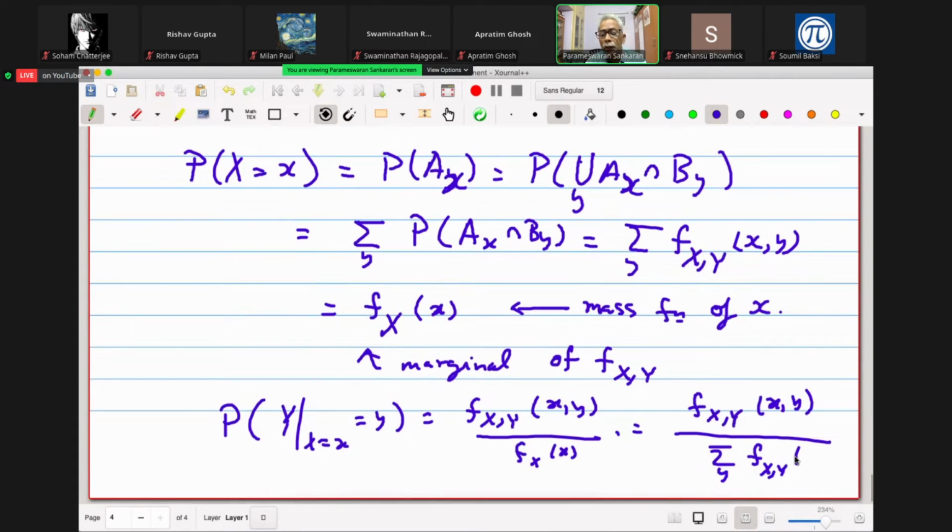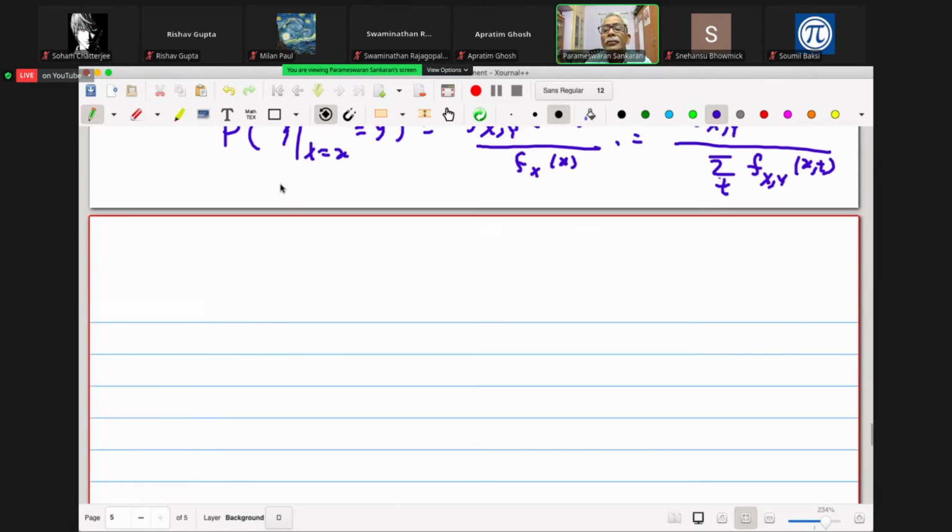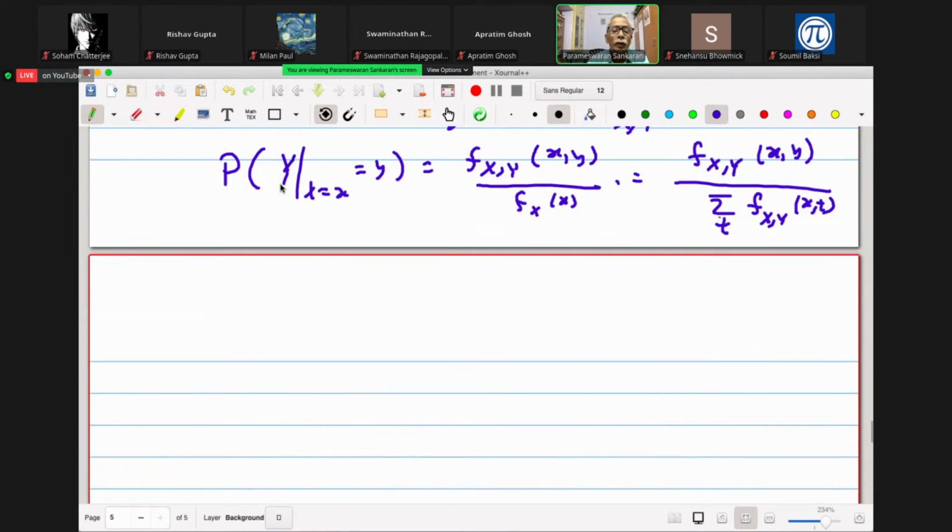This y and this y should not be the same. Let me write here some t, otherwise it will lead to confusion: the sum over t of f_XY of x comma t. Here it is okay because x was already fixed. Okay, so now we want to say the following. Yeah, 4:30, still have 15 minutes.